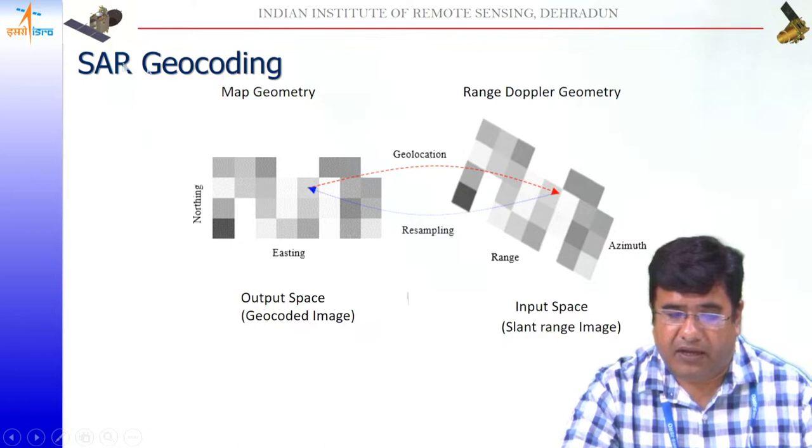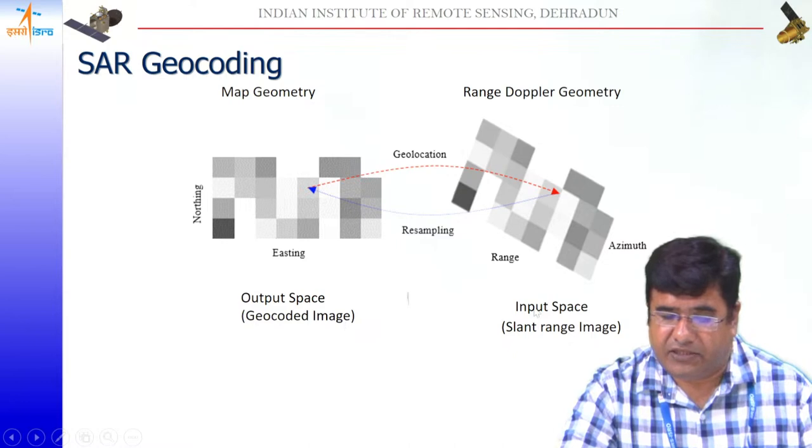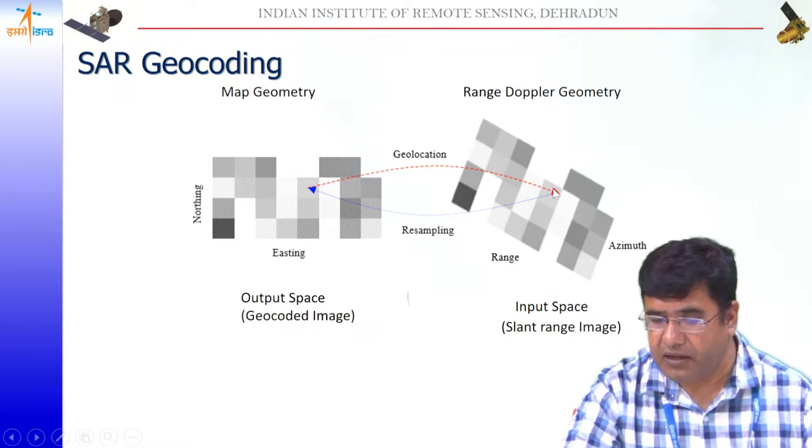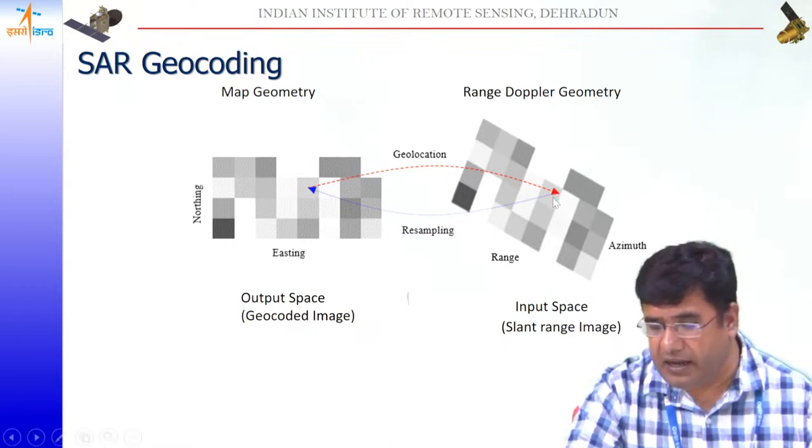In SAR geocoding, the input space is the slant range image. From the range Doppler geometry, for a particular lat long or ij, we have to find where it is in the output space.